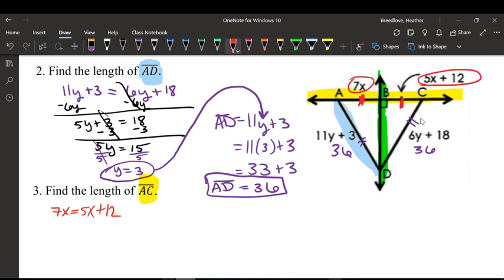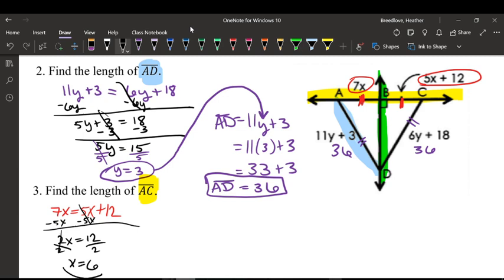So those two pieces are equal, and so we can solve by subtracting 5x. So 2x equals 12, and divide by 2. So x equals 6.